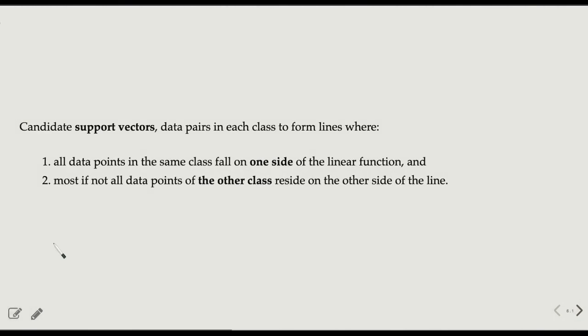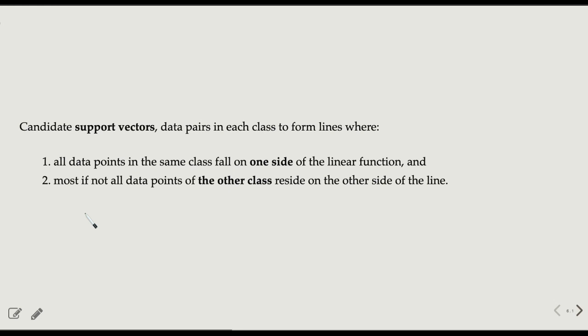And so when we connect these data pairs in the same class, we are finding potential candidate support vectors to form the borders. And in order for them to qualify as support vectors, they have to meet certain conditions.